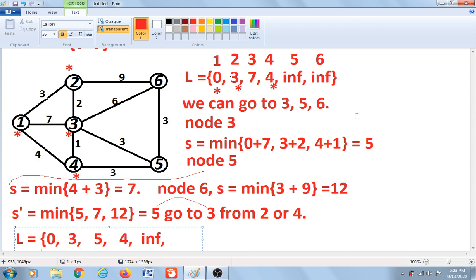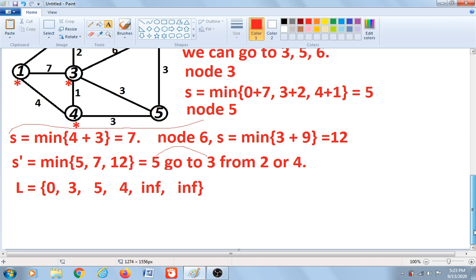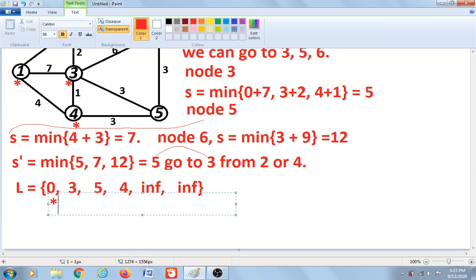Okay, oh, it's going down. So here node number 1 is permanent, number 2 is permanent, number 3 is permanent, and here this guy also permanent.